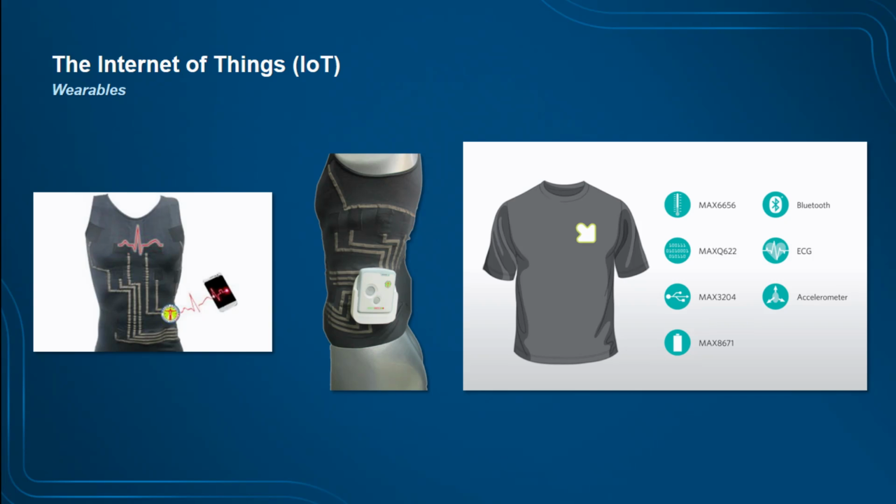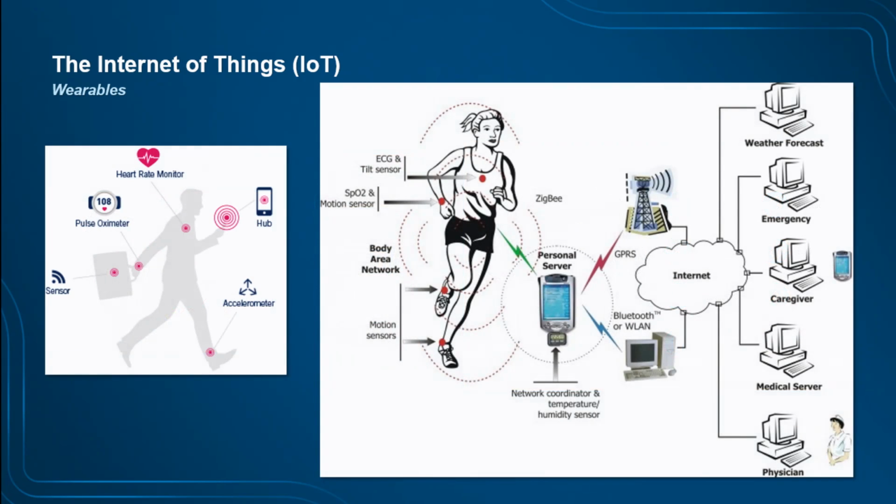Then there must be some sort of hub on the body to collect the information from the sensors in the garment and send it to the internet. So this is how it may work. One helper could be smartphones, and we have back-end servers that can do detection and alerting.